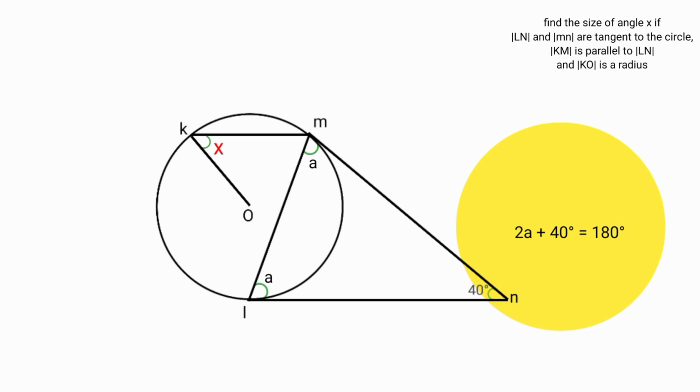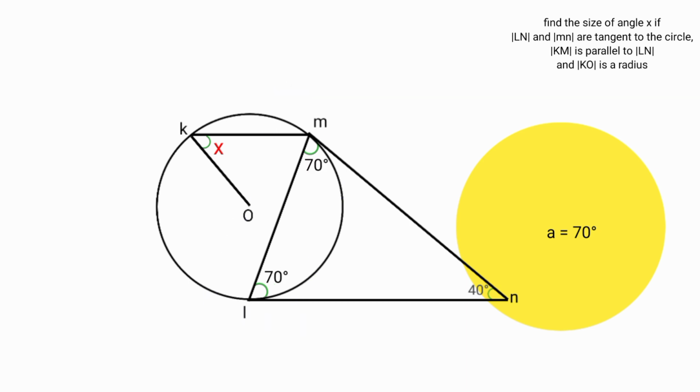Subtracting 40 degrees from both sides, now 2A equal to 140 degrees. To find A, we divide both sides by 2. So 2A over 2 equal to 140 over 2. Here 2 cancels 2, and 140 degrees over 2 is 70 degrees. So A equal to 70 degrees.